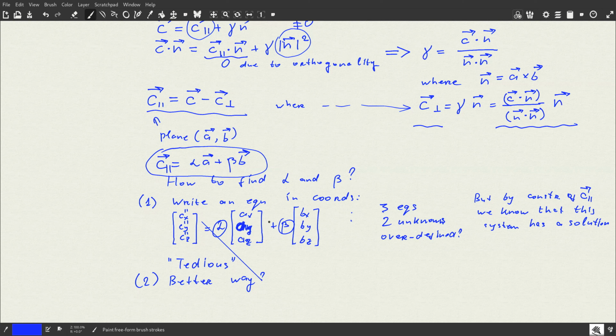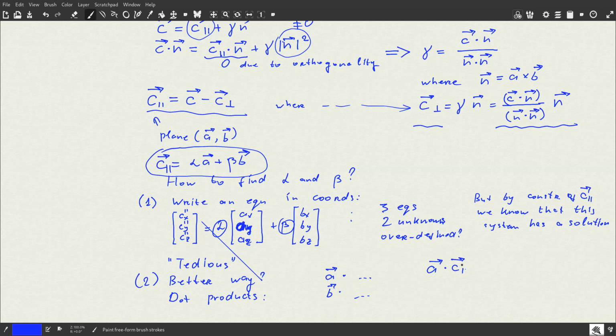Let's make scalar products, dot products. But remember that A and B are not necessarily orthogonal to each other, and therefore we would not have very easy, almost all zero coefficients when we construct the dot product. So we multiply this equation by A and by B. So we get A times C parallel.